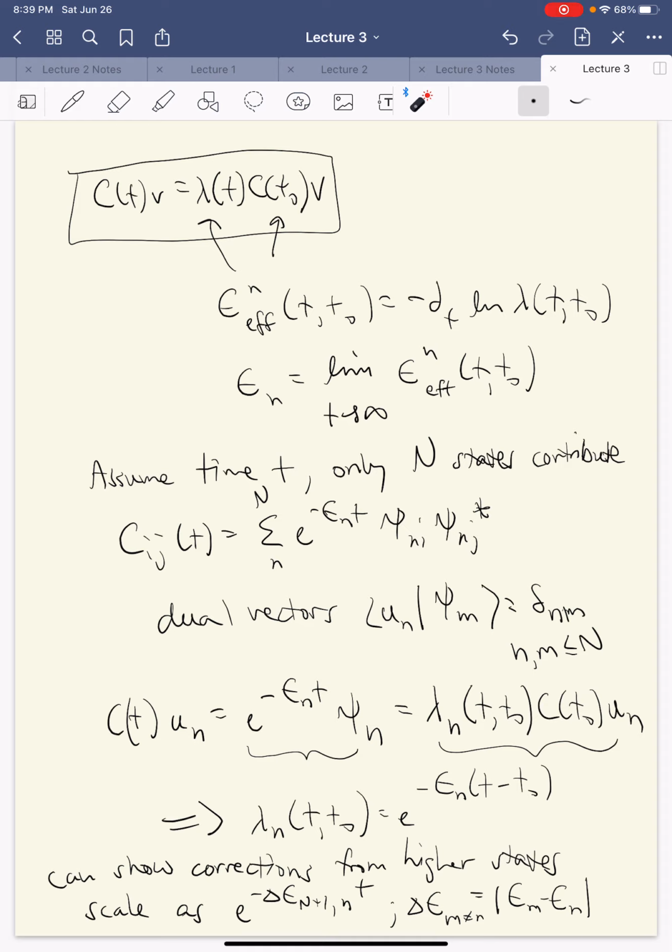So if you include more operators in your basis for your matrix C_ij, then you can diagonalize and find more of these eigenvectors, and that increases the number N that you can assume are contributing, and therefore as N gets bigger and bigger, this energy difference will also get bigger and bigger for some given fixed state n that you're interested in, and therefore the corrections will become smaller and smaller exponentially.